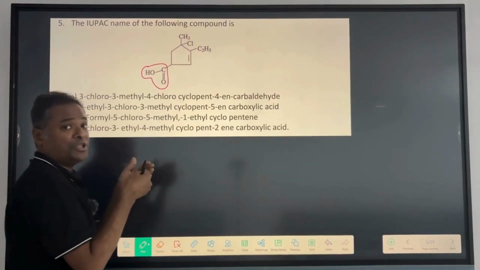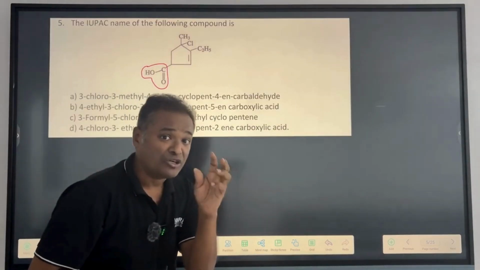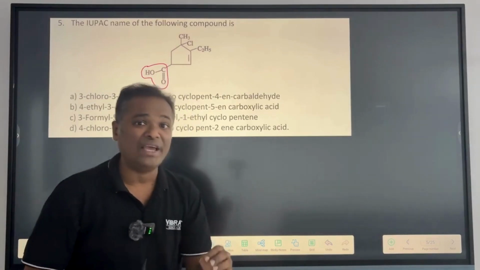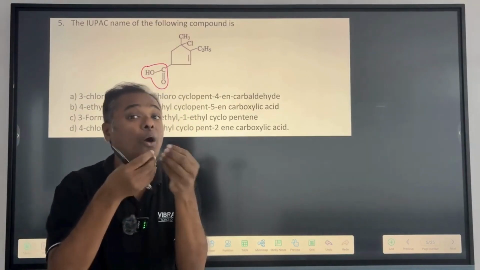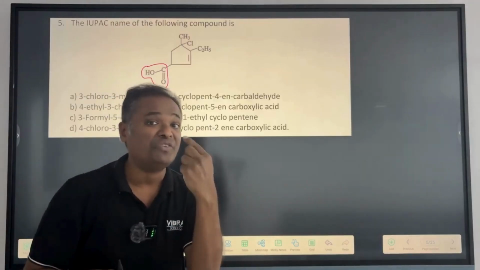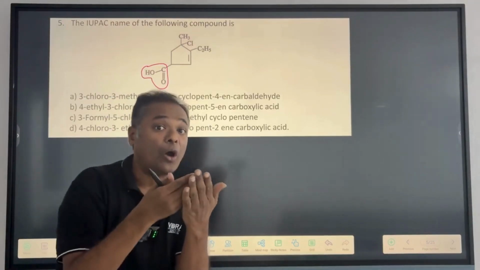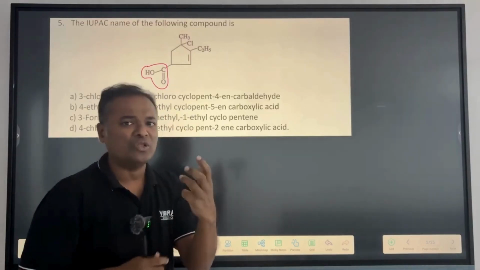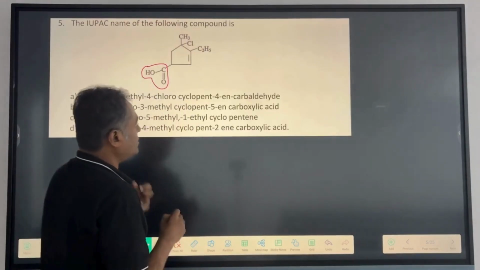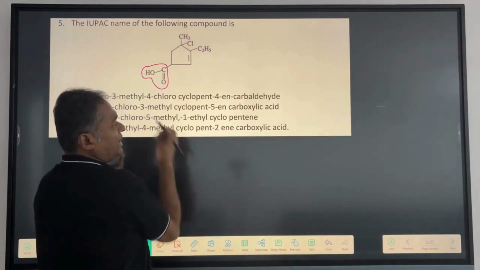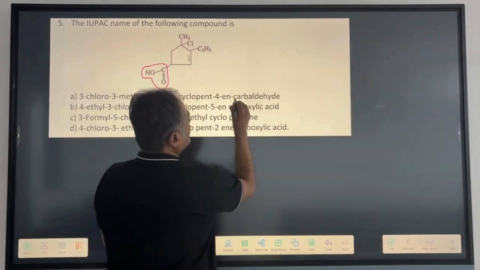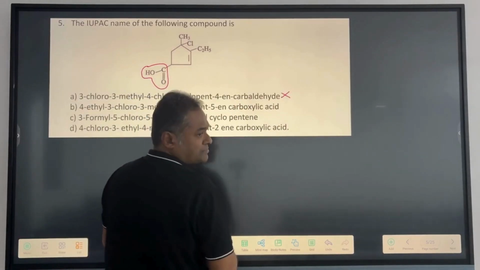The next important thing is that the acid functional group is not a part of the parent chain, so it has to be written outside the parent chain. So we have a different suffix name for outside the parent chain, and that is carboxylic acid.